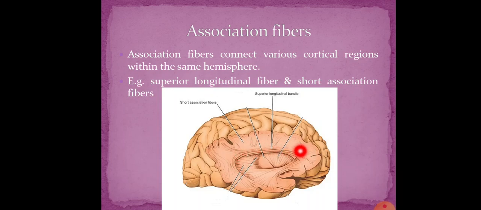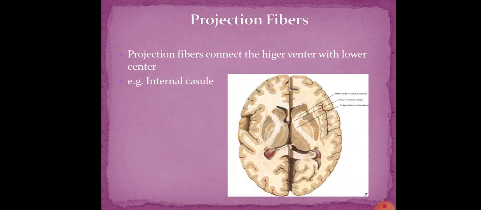Examples of association fiber are the superior longitudinal fiber and short association fibers. Projection fiber connects higher centers with lower centers. An example of it is the internal capsule. This one is the internal capsule and has three parts: anterior limb, posterior limb, and here is the genu.